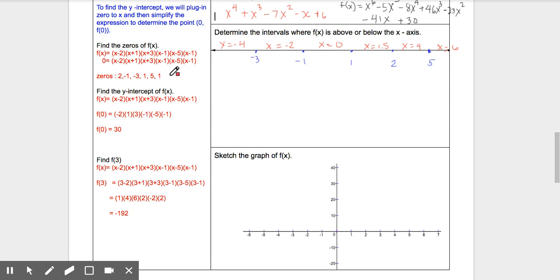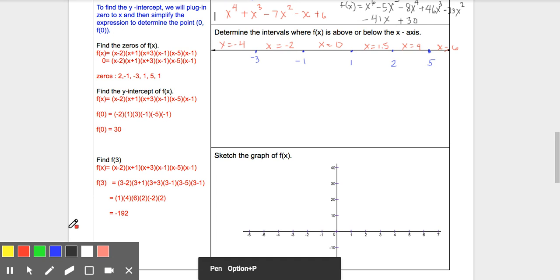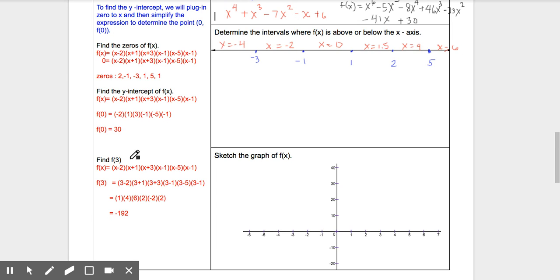So now what we want to do is find out what is the sign of f in each of these intervals. That means we need to plug these into our function. Here's our function. So plug -4 into x. If x is -4, -4 minus 2 gives us negative, followed by -4 plus 1, negative.